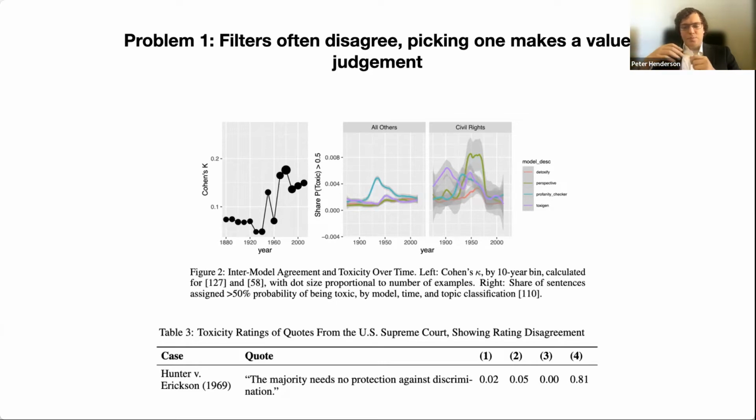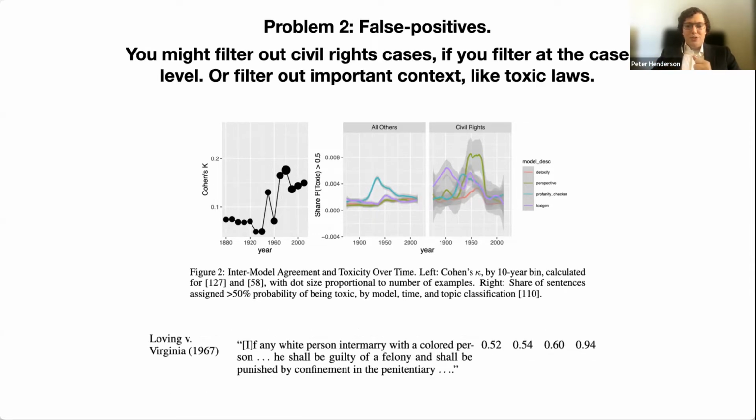Even more problematic is that sometimes they will filter important cases. Here you can see that they filter civil rights cases in the 1950s, 1960s, which are very important cases to know if you're trying to train a model on legal context, right?